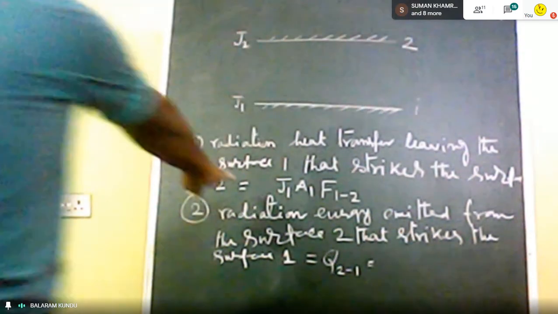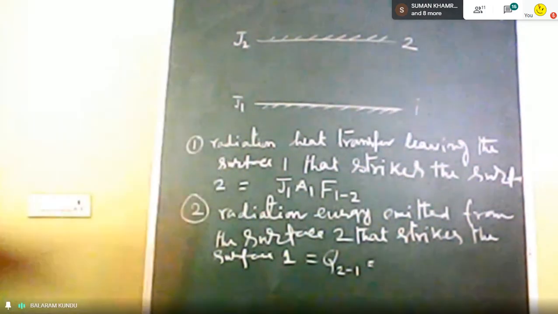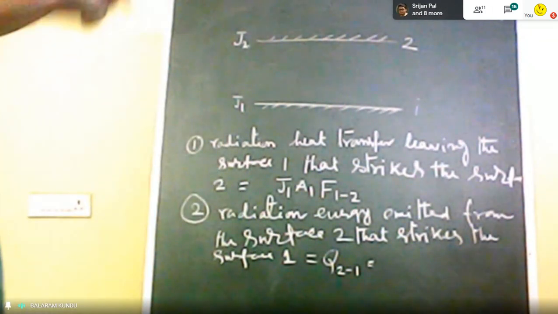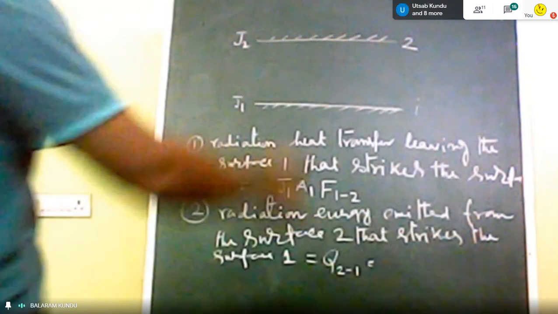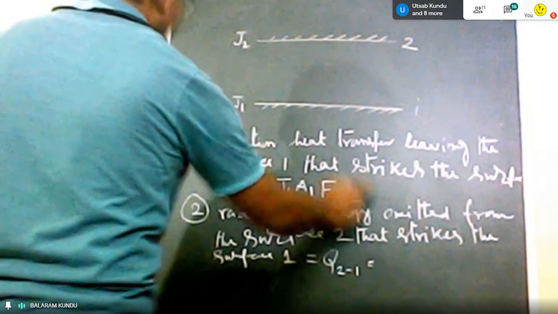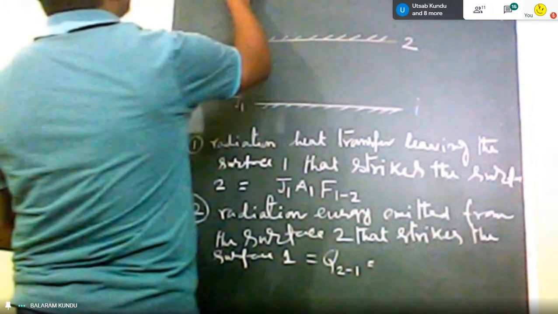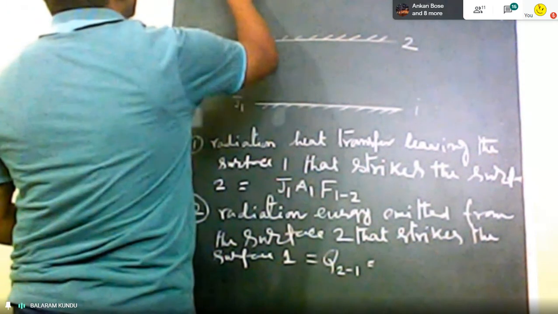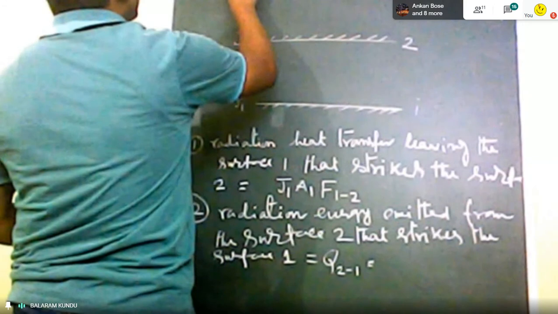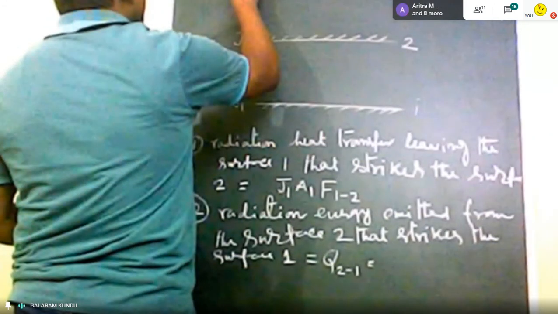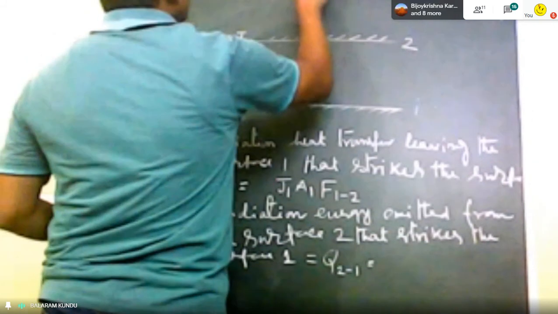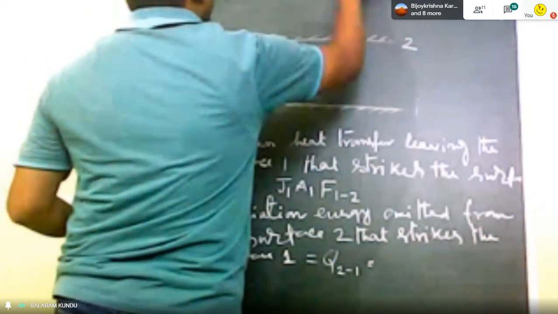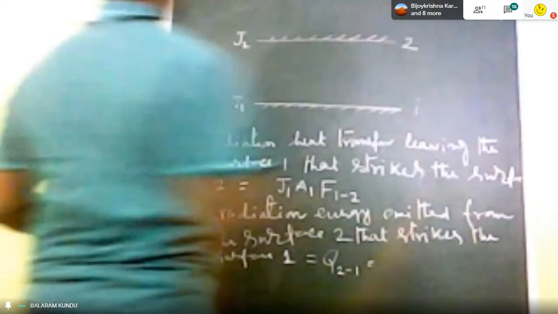In the previous case, the radiation energy emitted from surface 1 that strikes surface 2 is equal to A1 into J1 into F of 1 2.